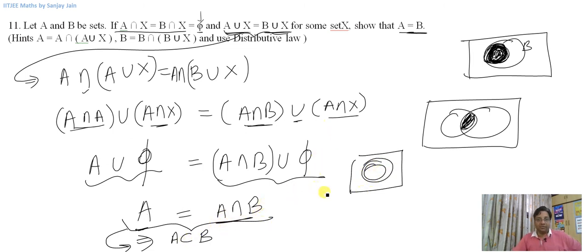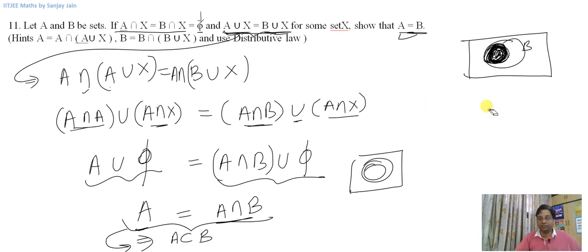Now if I can show that B is subset of A, then it will be enough for me to say that A is equal to B. To show that B is subset of A, let me use this relation once again. Let me make some space on the right hand side so that I can show you parallelly.